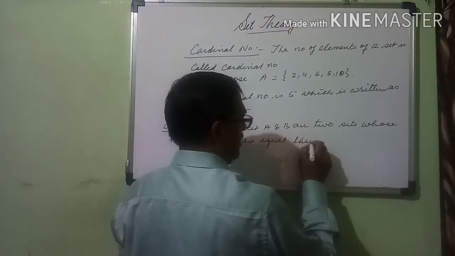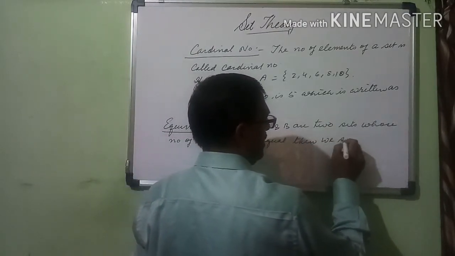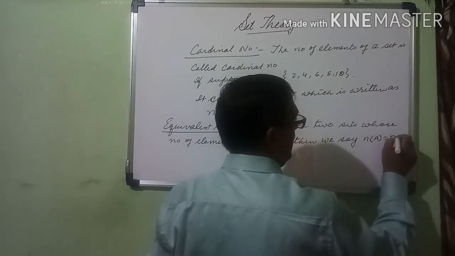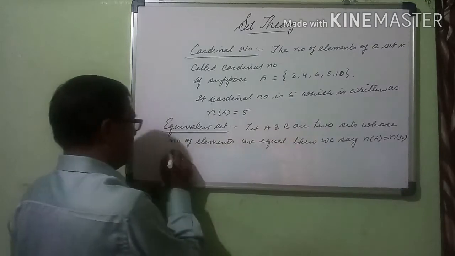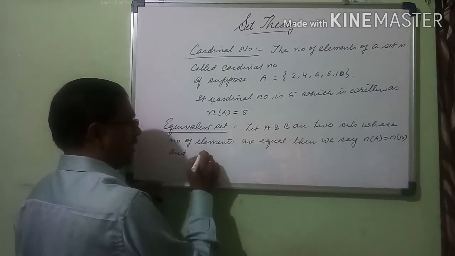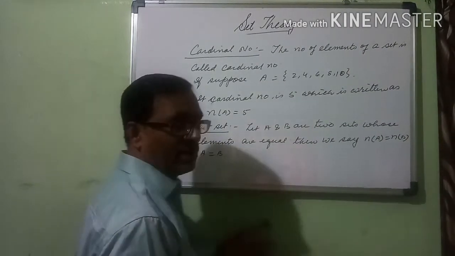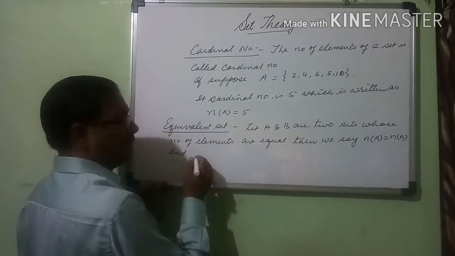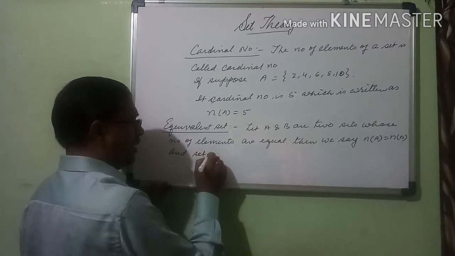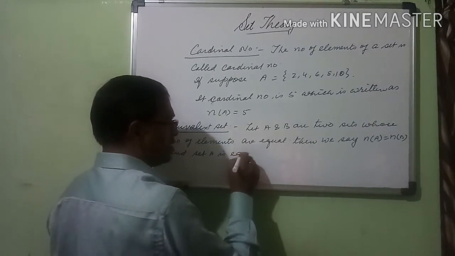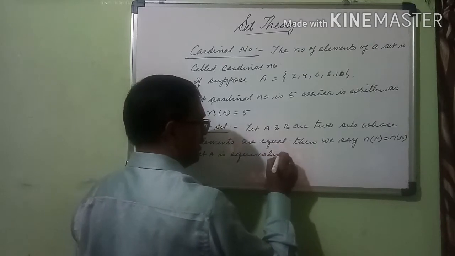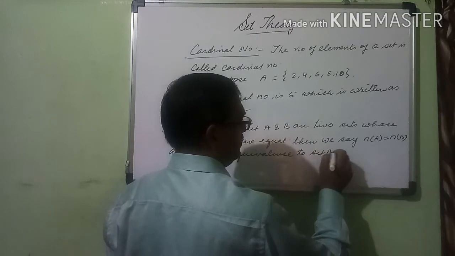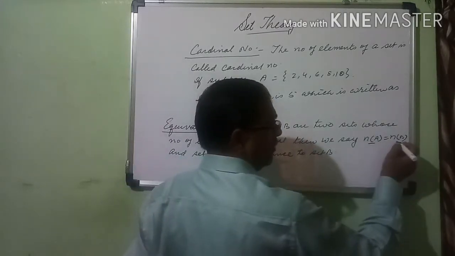Then we say n(A) is equal to n(B), and hence set A is equivalent to set B. Why? Because their cardinal numbers are the same.